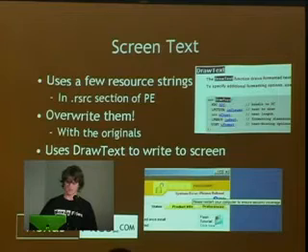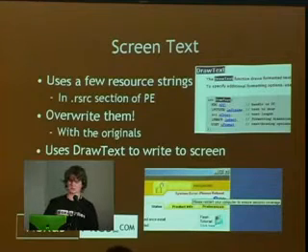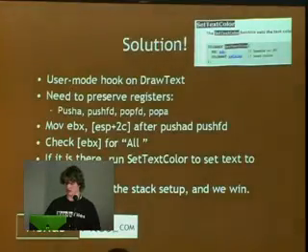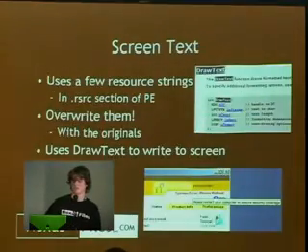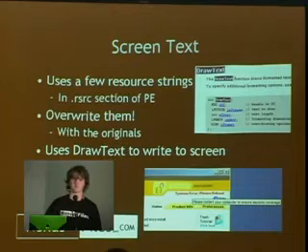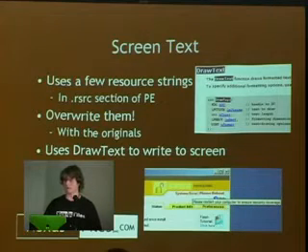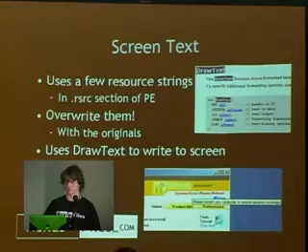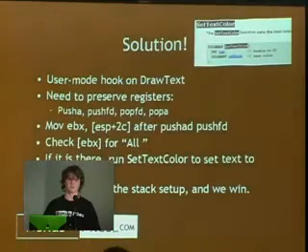One important thing is it uses DrawText to write these to the screen, which leads to another problem. If you can see here, "System error please reboot" is in red. What's the problem with this? This message is usually in green. So that would be another alert that we have to take care of, and of course we have to find a solution to this.